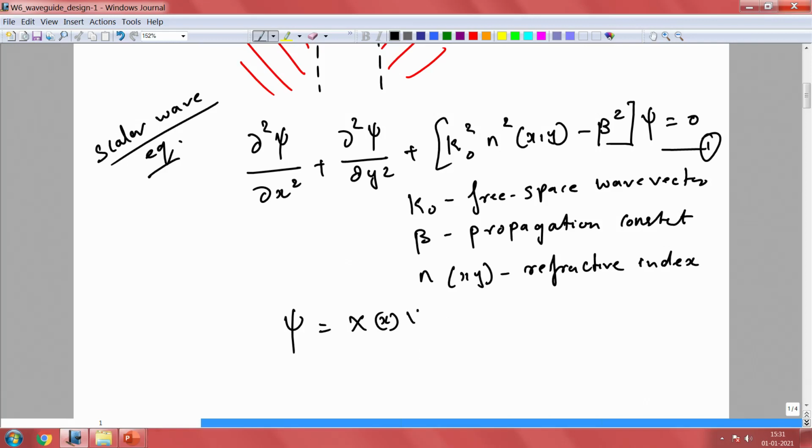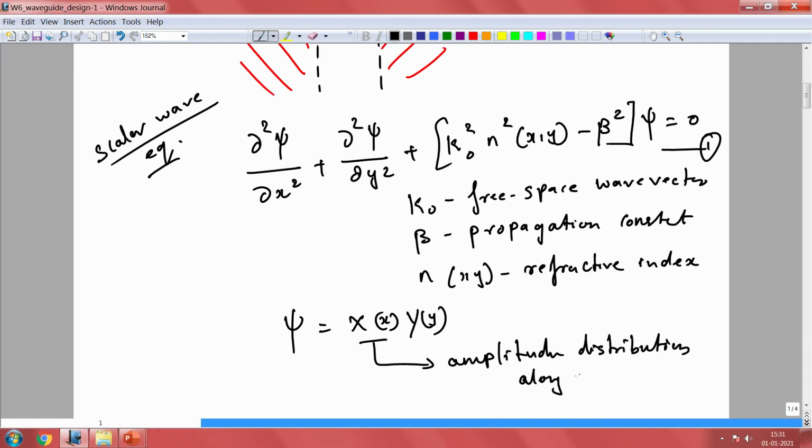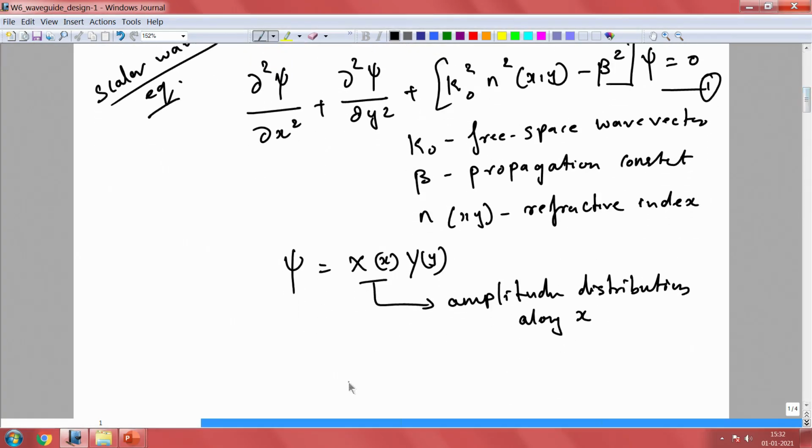You can write it as X of x, Y of y, right, where X of x is nothing but the amplitude distribution along x, right, and similarly Y is the amplitude distribution along y, right.